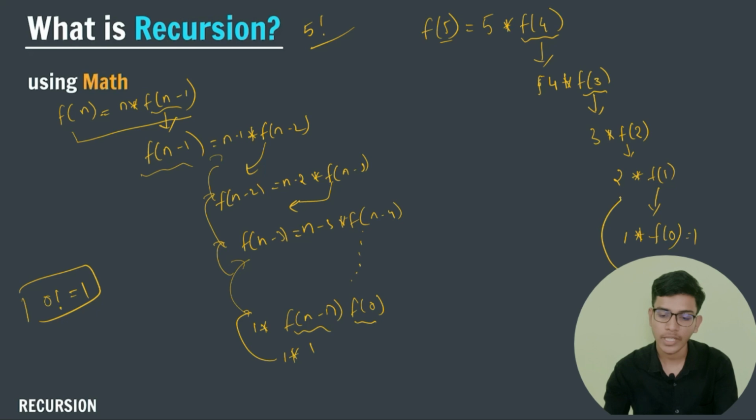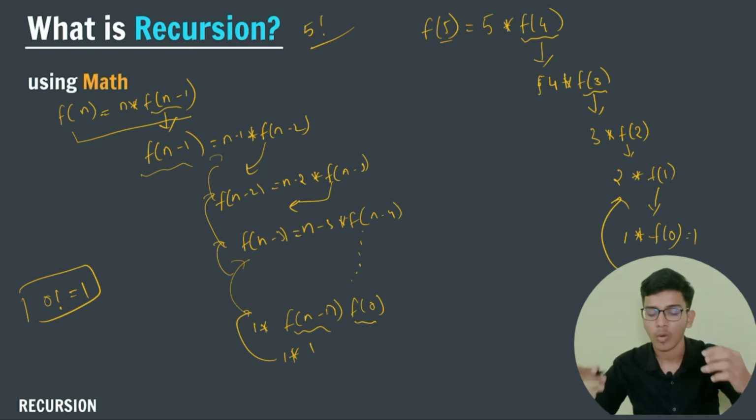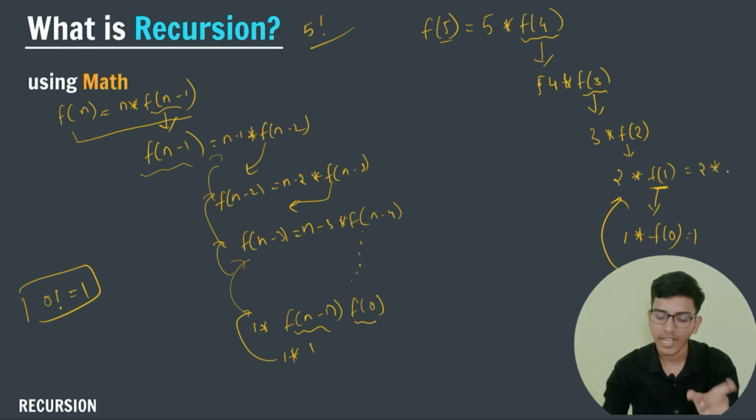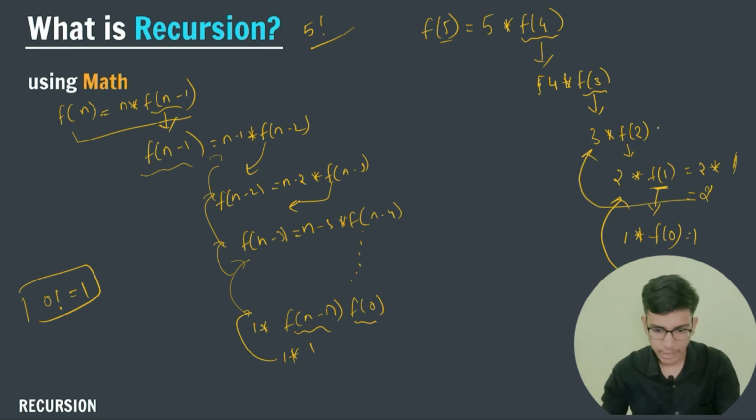So I will return this to the upper program, or whatever the previous function call. I already know that this gives me 1. So 2 into factorial of 1, where I have calculated that factorial of 1 is 1, gives the final answer 2. This then gets multiplied here, that is 3 into 2, so this will return 6.